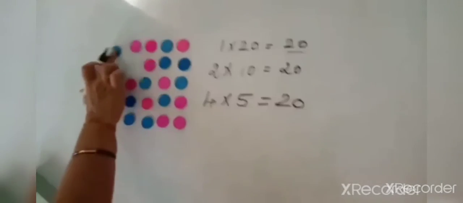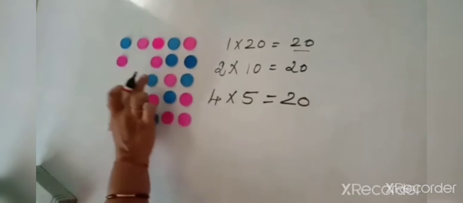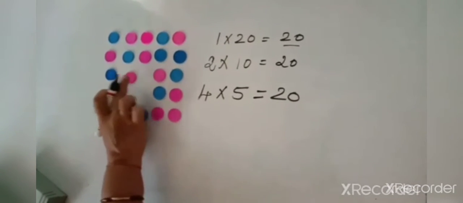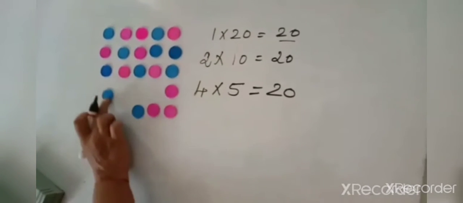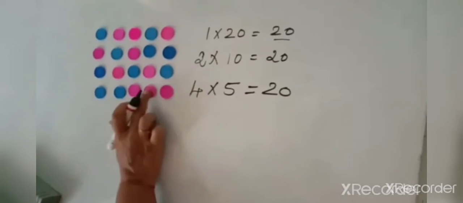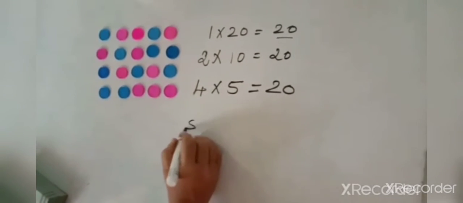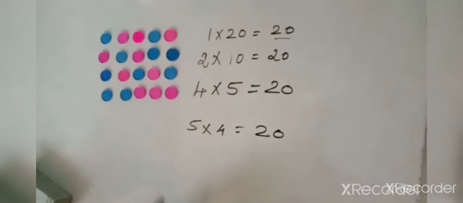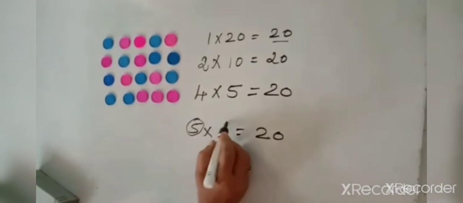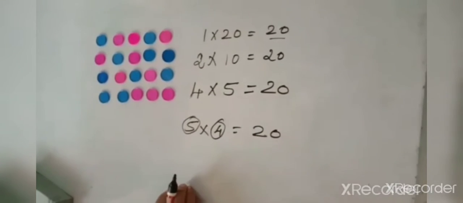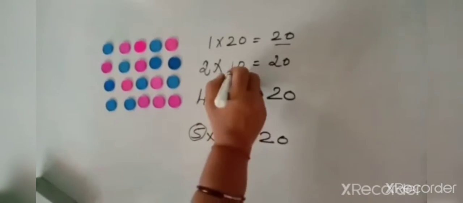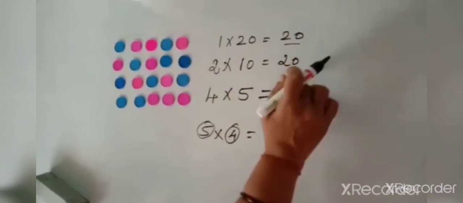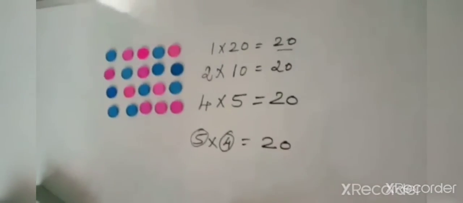Now let us take 5 coins in each row. 5 coins in each row means I'll be getting 4 rows. Now here the numbers 5 and 4 are repeated. So that means we have got all the factors of 20.